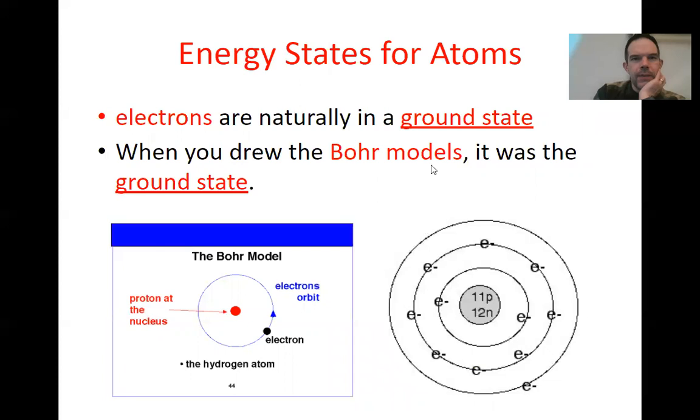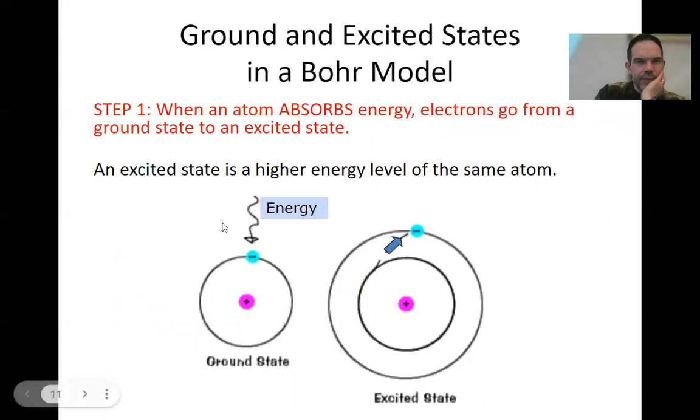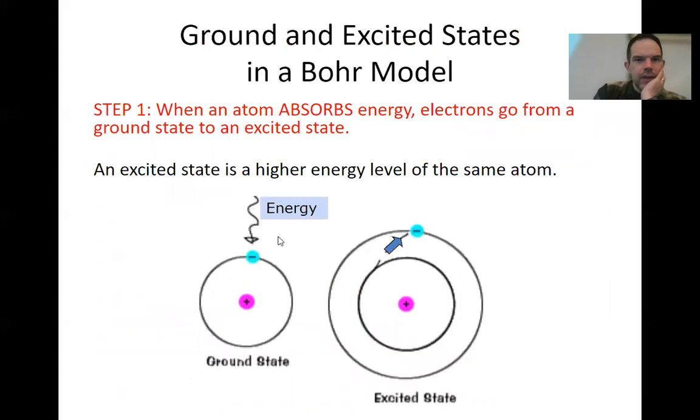Electrons are normally in a ground state. Ground state is the standard amount of energy, like when we drew them before. Here's the first box, and here's the second box. In the ground state, this is the standard one.